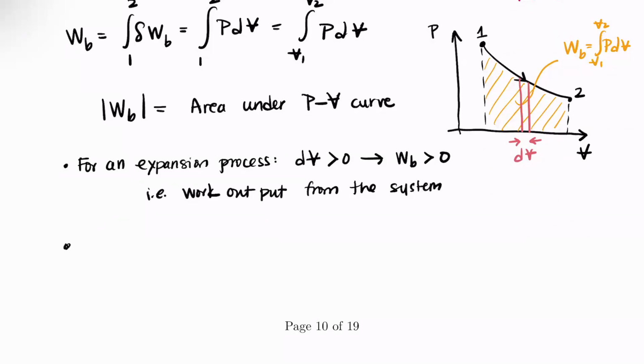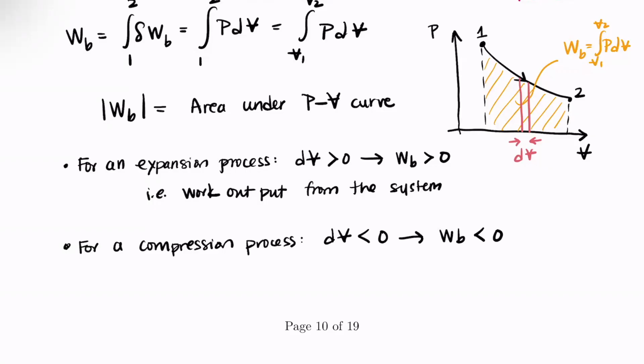And then for a compression process, we have the opposite. Our change in volume is negative. Our volume's going down, we're compressing, which means that WB is also less than 0.